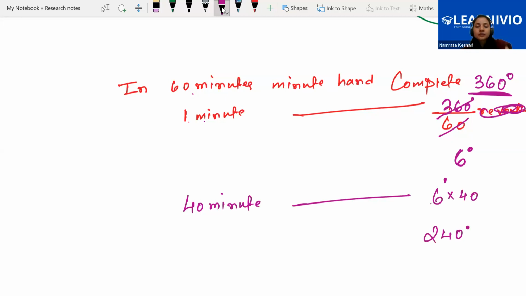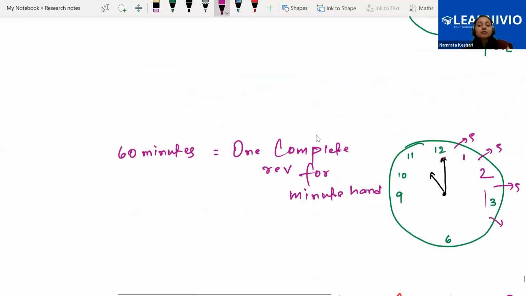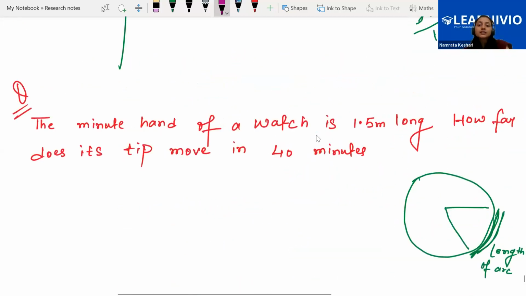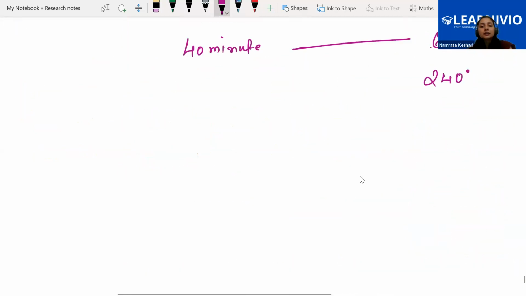Yes. Okay. Now here what we have to find? We have already realized that we have to find the length of the arc. And what is the minute hand? Minute hand of the watch is 1.5 meter long.